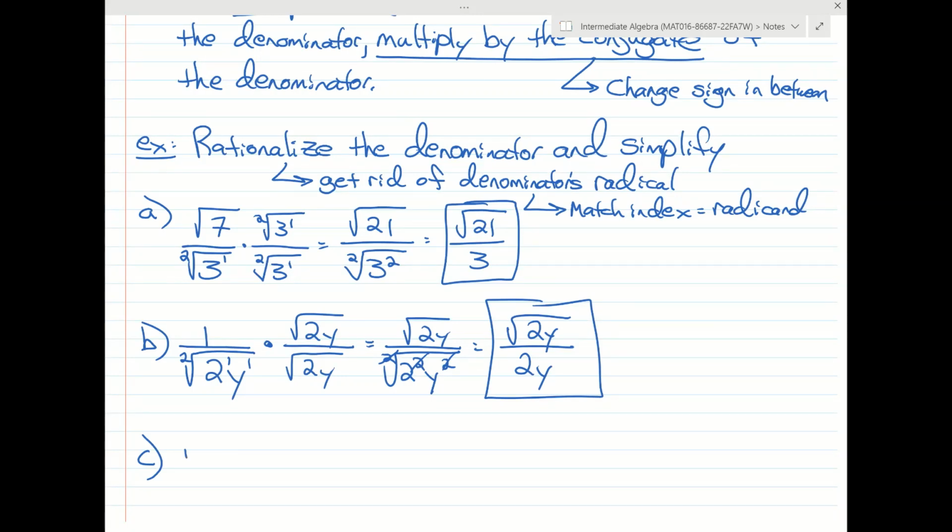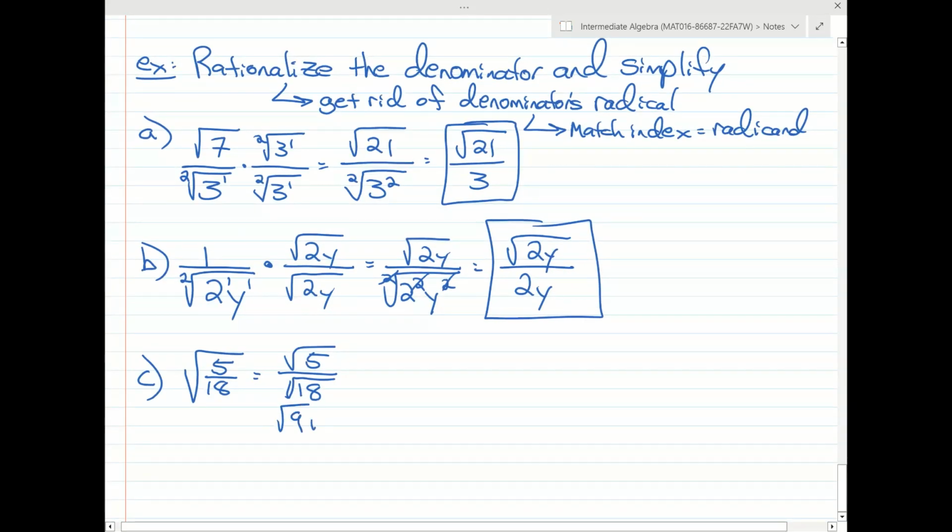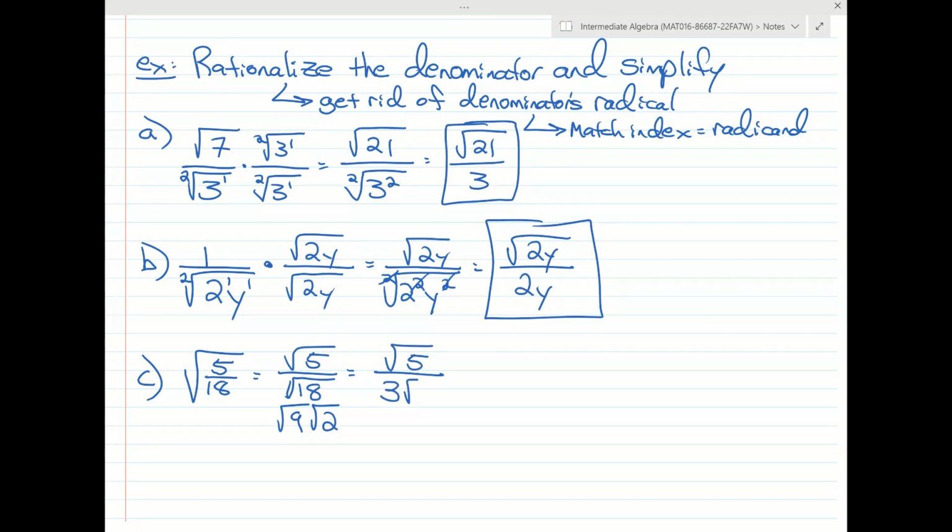How about the square root of 5 over 18? This is really just the square root of 5 over the square root of 18. But before we start multiplying by square root of 18, let's try to simplify. This is just the square root of 9 times the square root of 2, or 3 root 2.